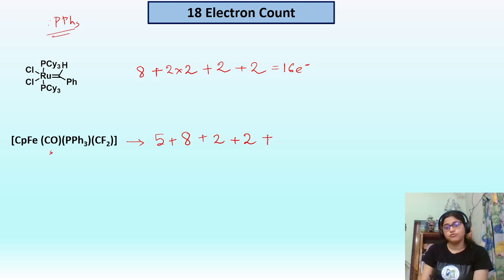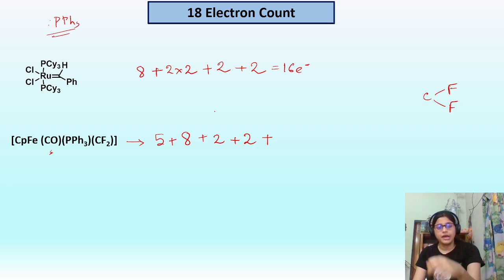And CF2, how can we consider the electrons in CF2? I have previously told you, we have to have the idea of which atom is donating for any ligand, and we have to have the idea about their valence shell electronic configuration. Okay, and how many bonds are formed and how many are left, we have to have the idea. So for carbon, we know that 4 bonds it can form, so 2 have been formed and 2 are there, no charge is present, so it will first form 2 bonds with the metal, right?